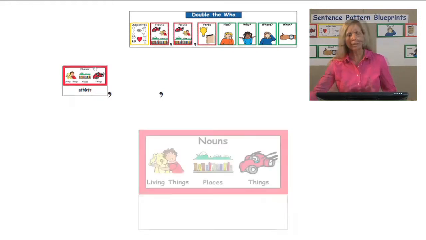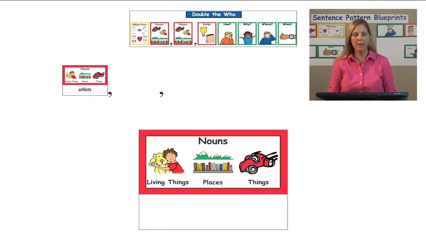Grab another noun card. What information do we want to say about this athlete? How he's different from his teammates. He is going to apologize. How he's well-mannered. I'm choosing either a well-mannered boy, a well-mannered kid, or a well-mannered adolescent. When I think of adolescent, it's telling me that he's a teenager, so that's more precise.